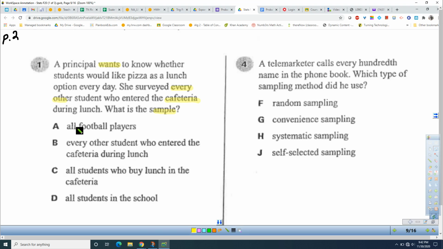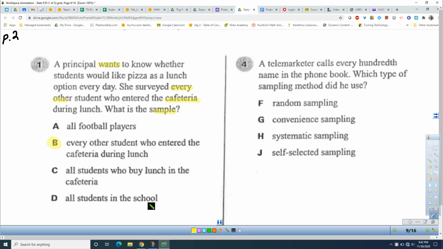Was this sample all football players? No. Every other student who entered the lunchroom? Looking like that one. All students who buy lunch in the cafeteria? Well, that's not a bad idea, but it says every other student. So this is a systematic choice, where this is an all kind of issue.